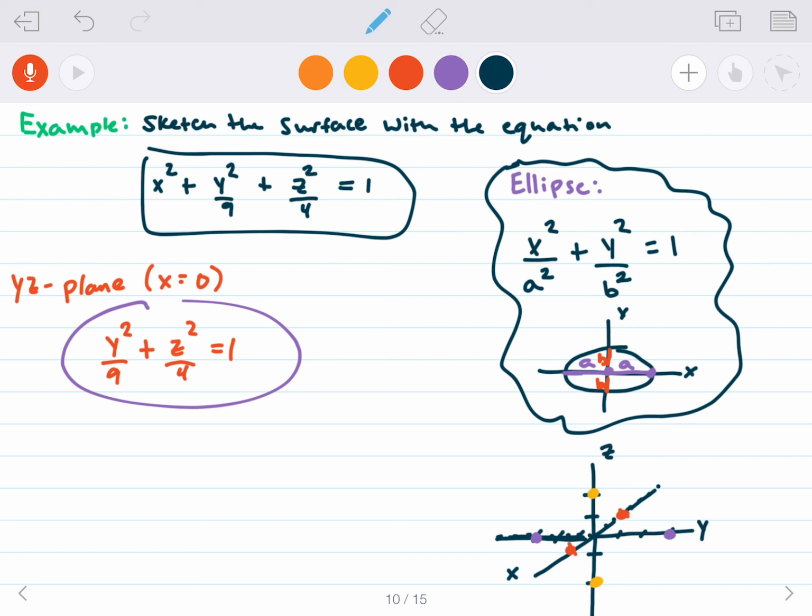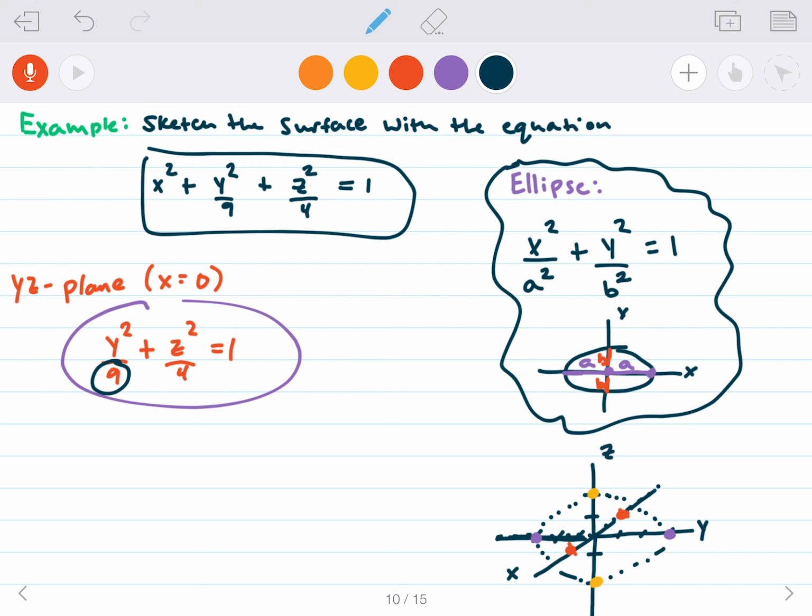So in my YZ plane, I have the y value, like the length is going to be 6, right? It's going to be 2 times a in the y direction, or 2 times b if you like that. And then in the z direction, I have a radius of 2. So it's going to look something like this. Something like this.